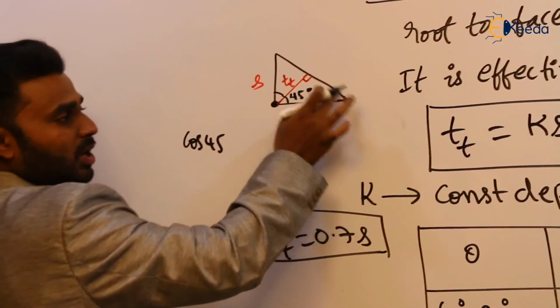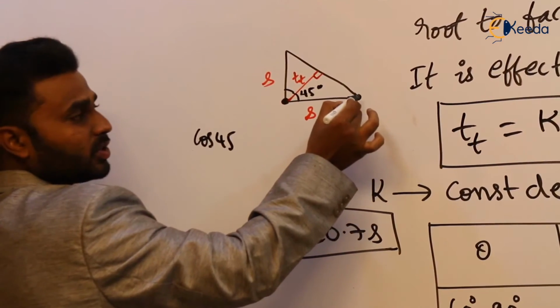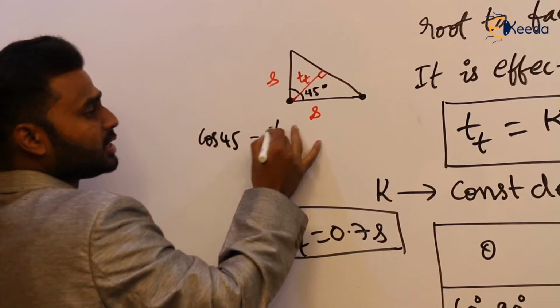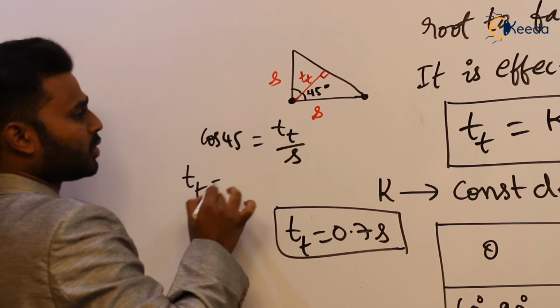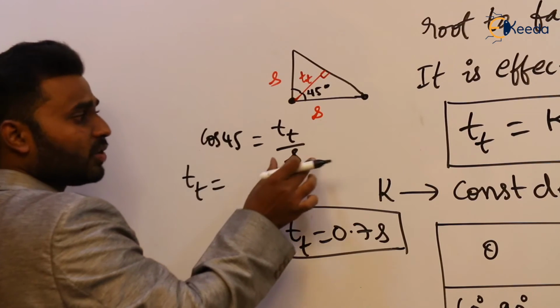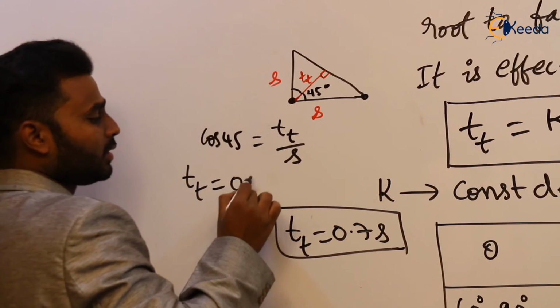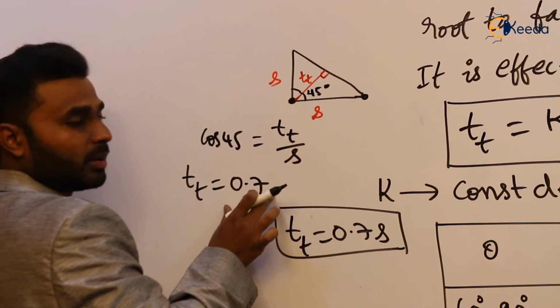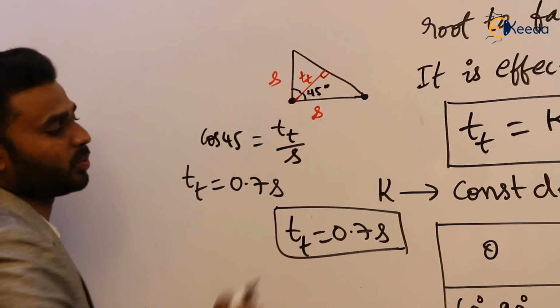In this smaller triangle, this is adjacent and this is hypotenuse. The adjacent side is T and the hypotenuse is S. So T is equal to cos 45 into S. How much is cos 45? 1 by root 2, which is 0.707. So we can approximate it as 0.7 S. This is how T is equal to 0.7 S is derived.